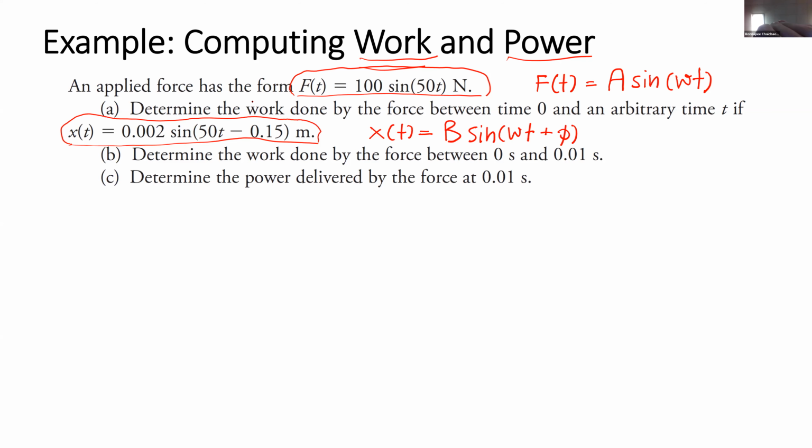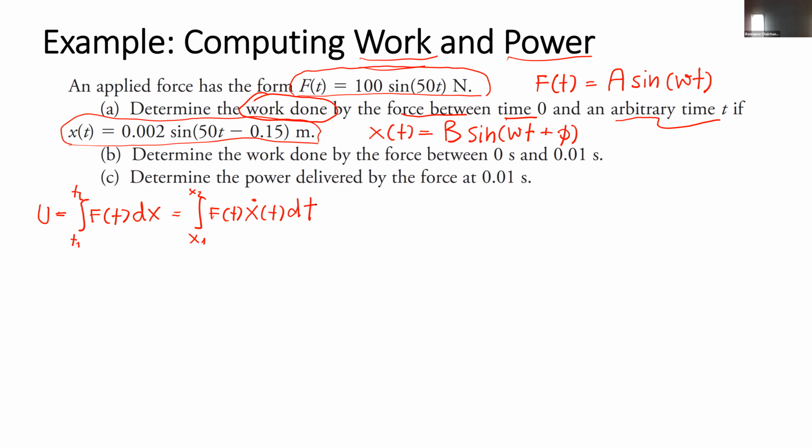So if we want to find the work done by a force between time 0 and an arbitrary time t, the mechanical work is the integral from t1 to t2 of F(t) and x, or the integral from x1 to x2 of F(t) and x dot(t) dt.